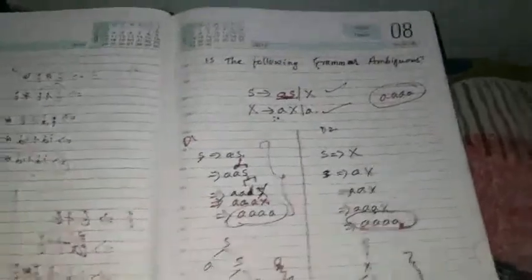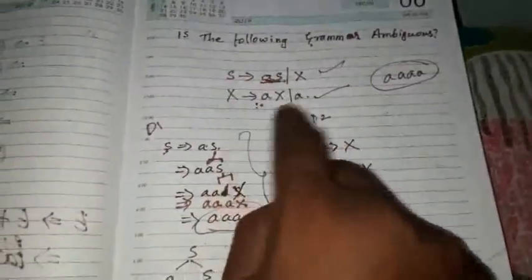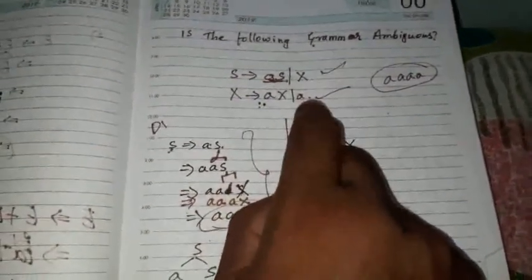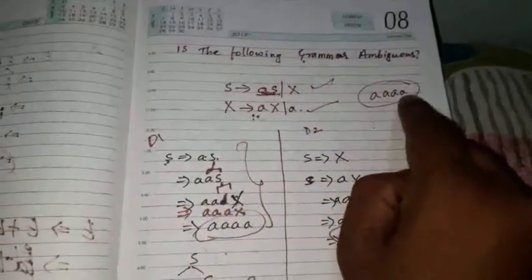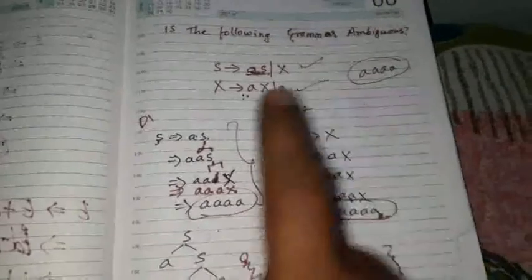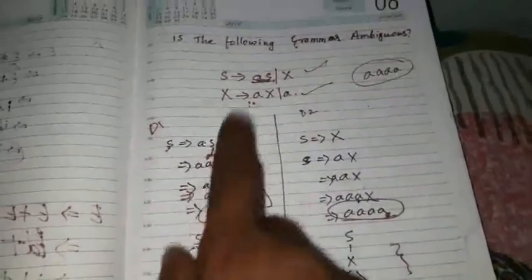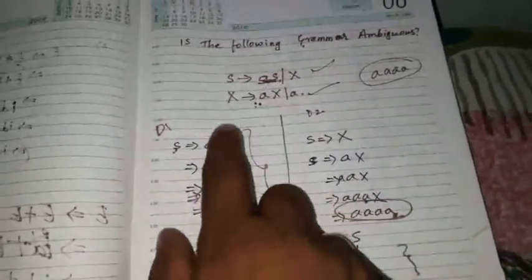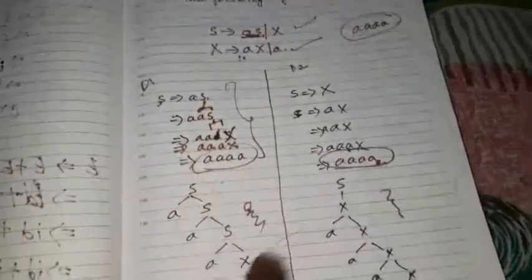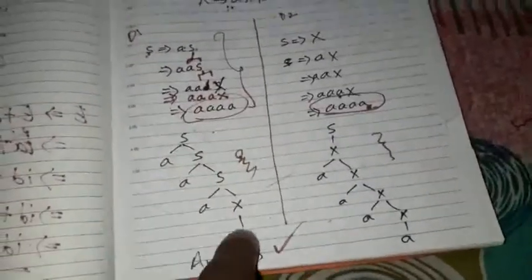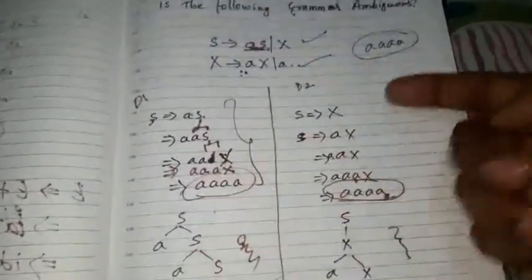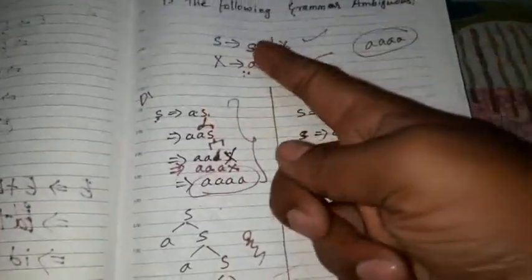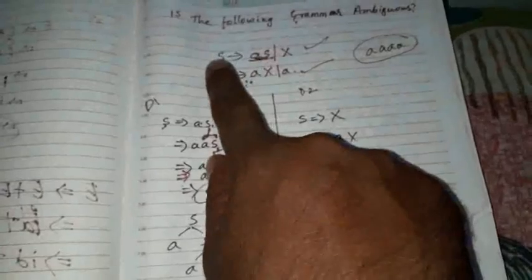Second example, say I have a grammar here, and I am using it to generate 4 A's. This can be done in two ways. I started with AS and kept on deriving, and I have written its equivalent derivation tree. What is the string I have obtained here? 4 A's.